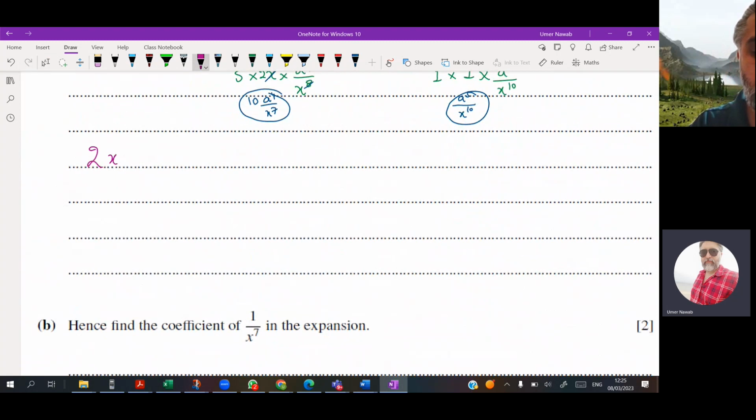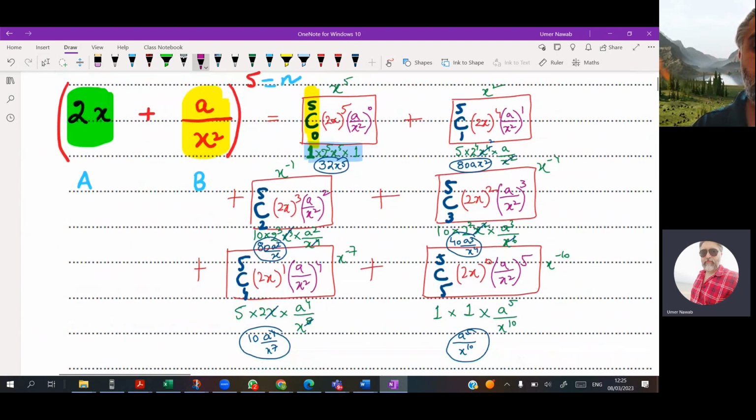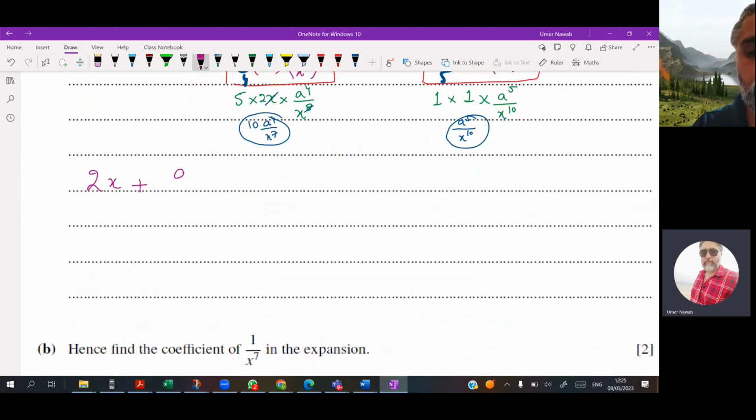I wrote for you (2x plus a over x squared) raised to the power 5. What I will first advise you is to send this x squared to the numerator. So you will get (2x plus a x raised to the power minus 2) raised to the power 5.